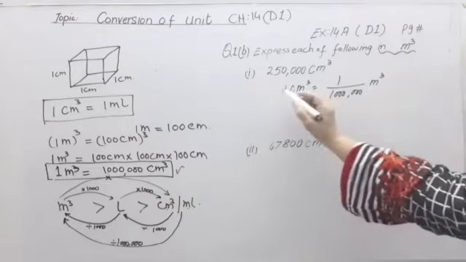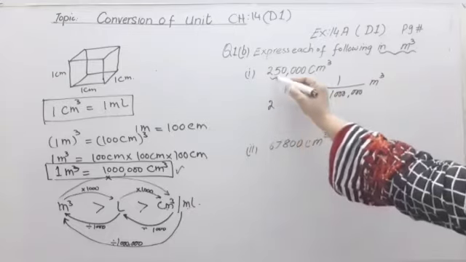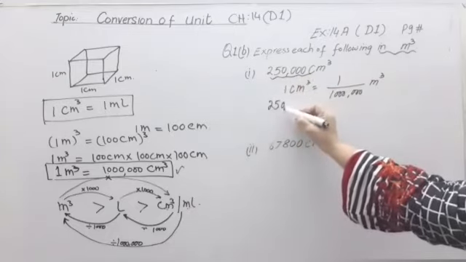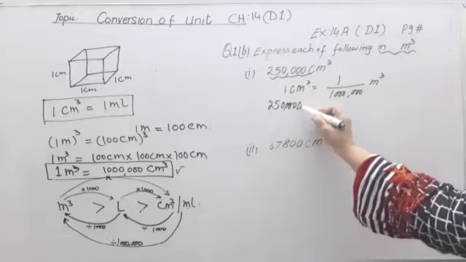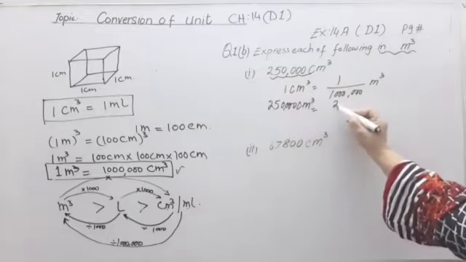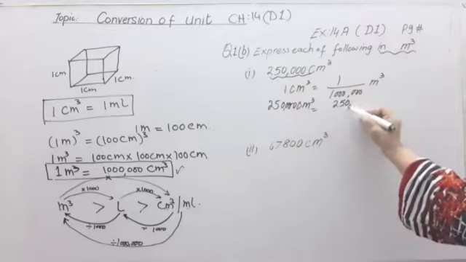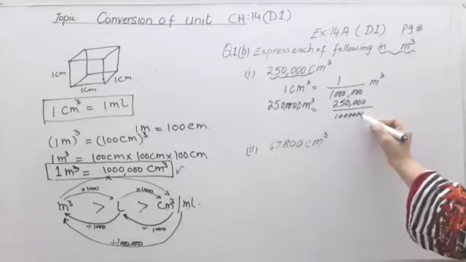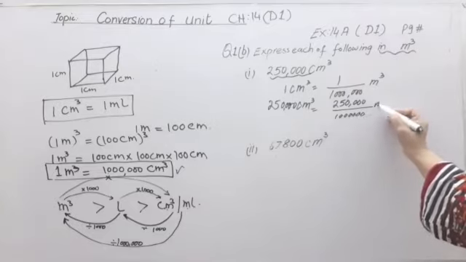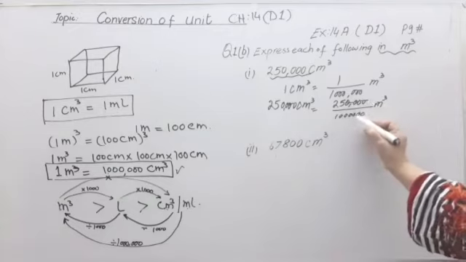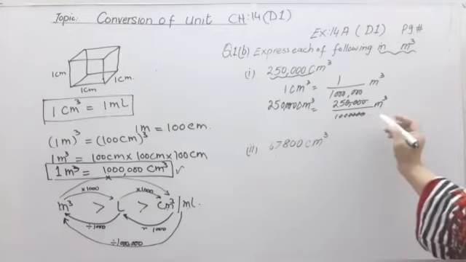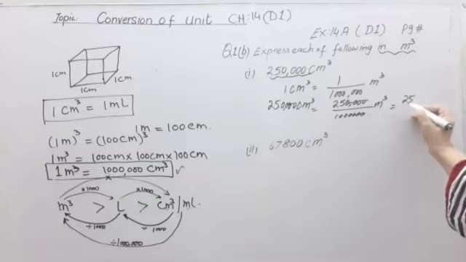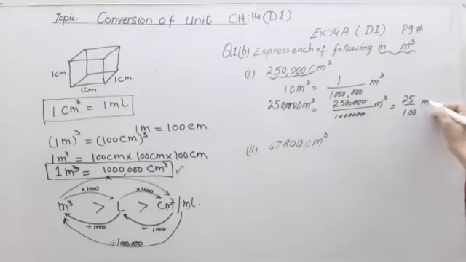So simply, I multiply the whole number here, 250,000 divided by 1 million cubic meter. Now I cancel these 4 with these 4, and we have 25 by 100 cubic meter, and I get 0.25 cubic meter as the answer.